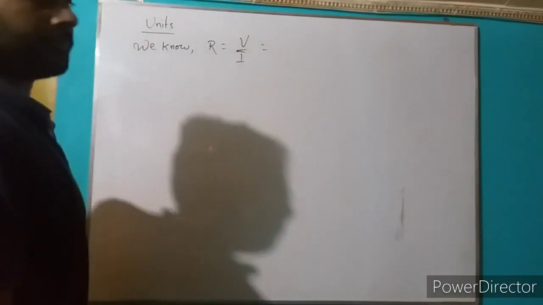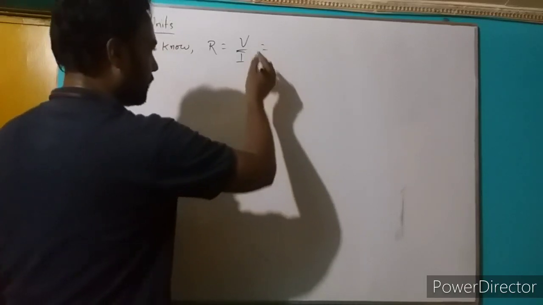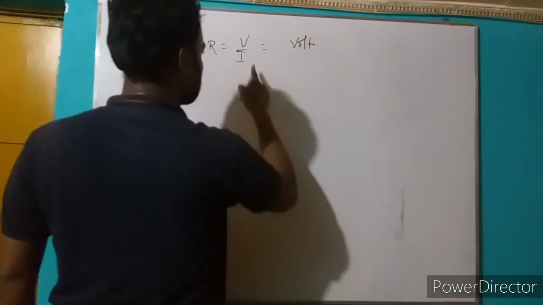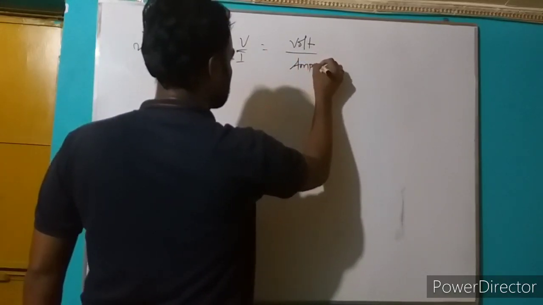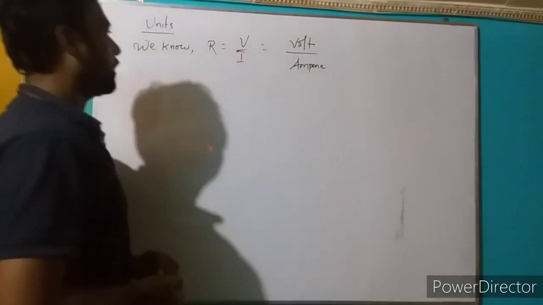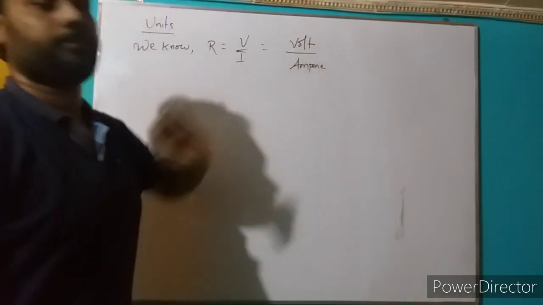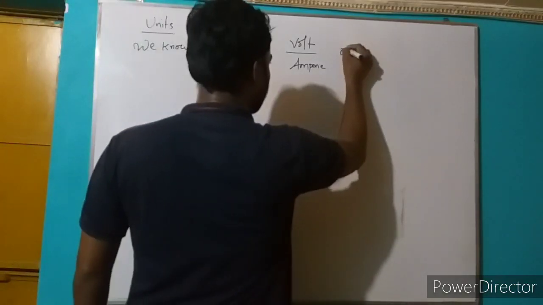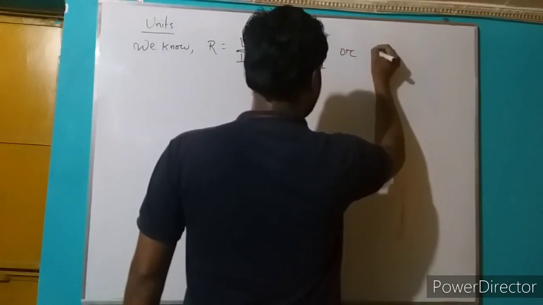V means potential, whose unit is volt. I means current, whose unit is ampere. So R equal to volt per ampere is the unit of electrical resistance, which is called ohm.